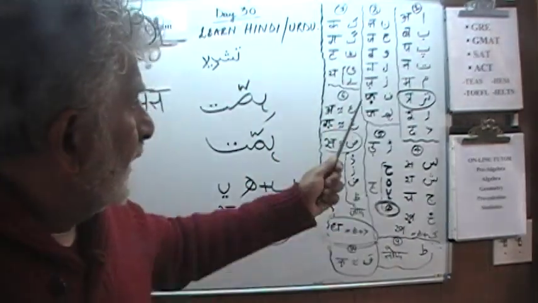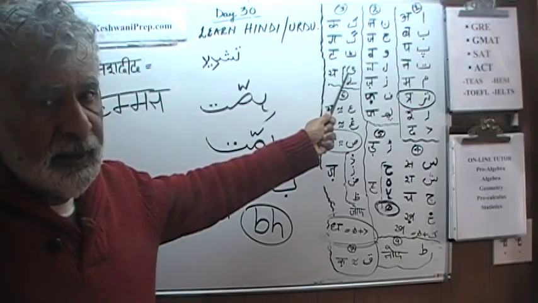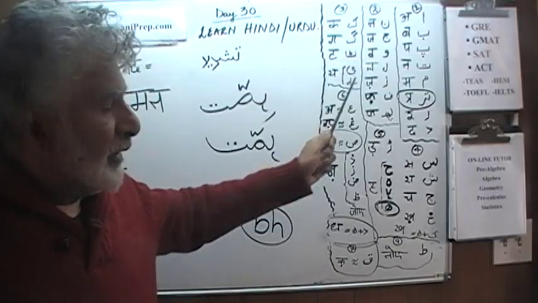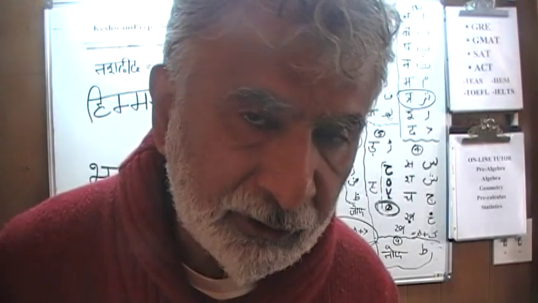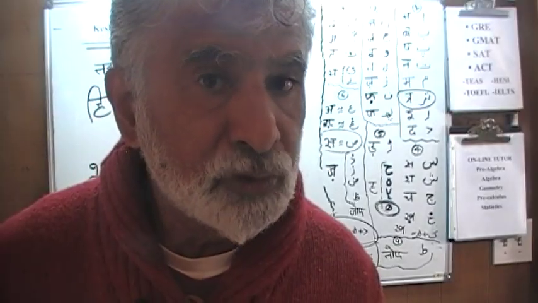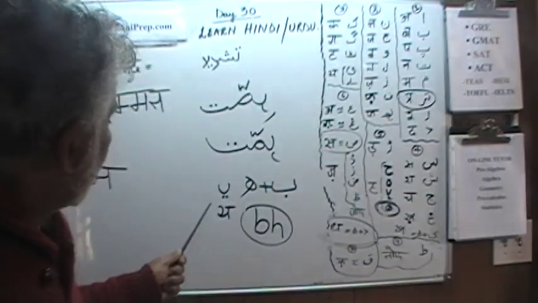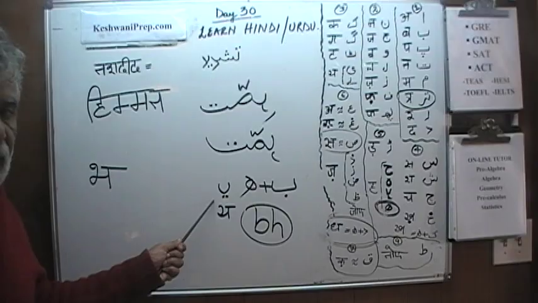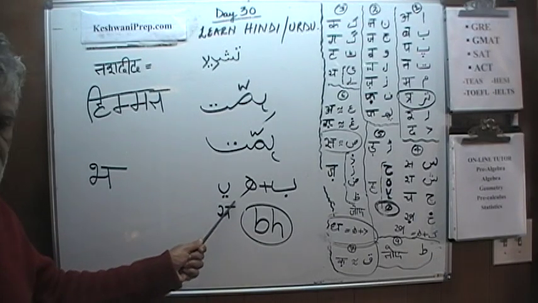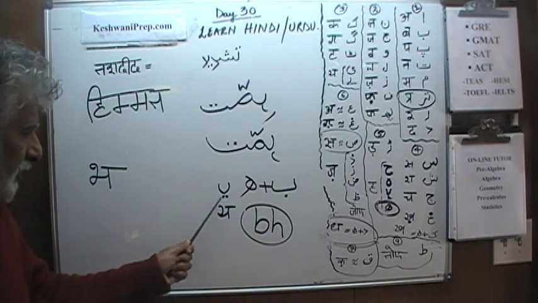The choti ye serves simply as badi e ki matra. So choti ye and badi ye, they both serve as matras. But here, when it's written like this, it is simply being used as a letter, nothing else. It's not a matra. So it reads bai.